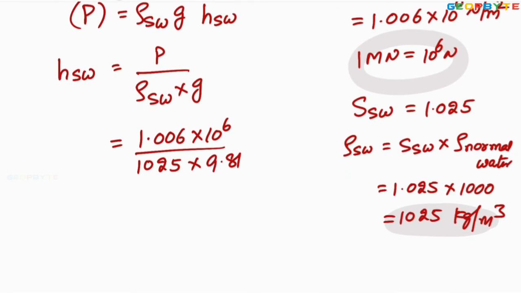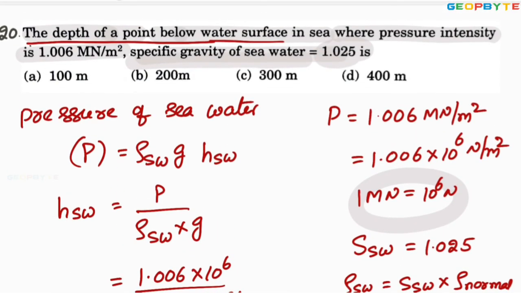You simplify this value for getting approximately 100 meters. Therefore, the pressure head of the seawater is equal to 100 meters. Look at the options. Option A, 100 meter, is absolutely correct. I hope all of you understood.